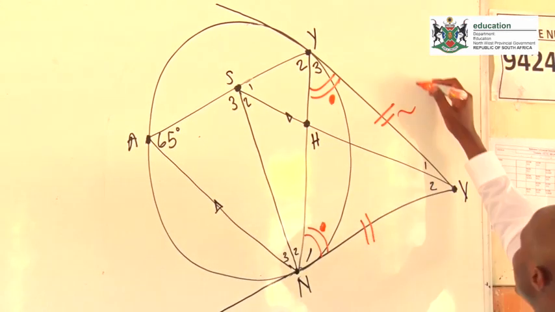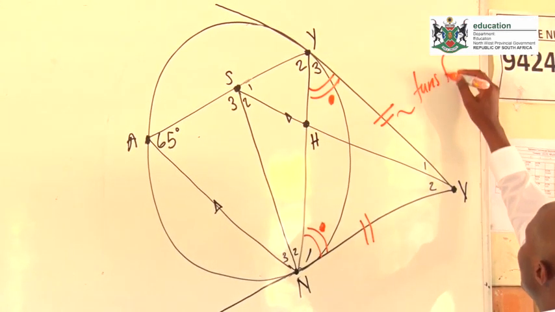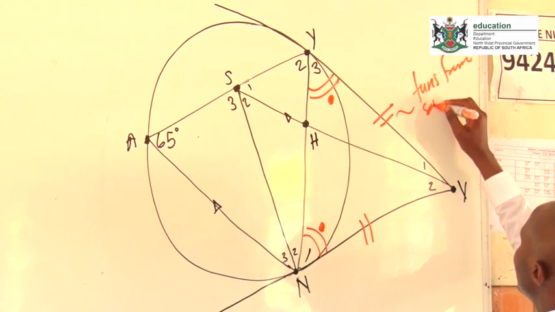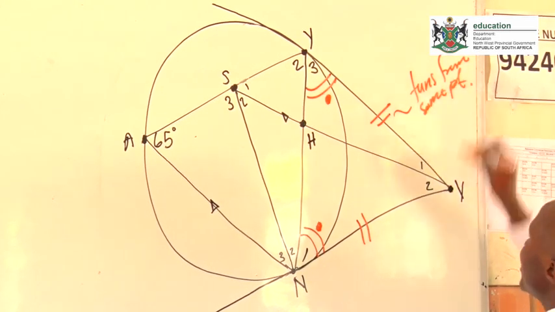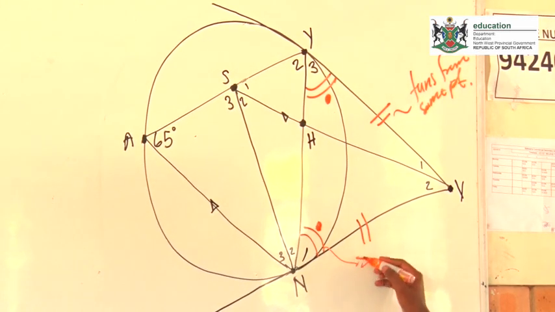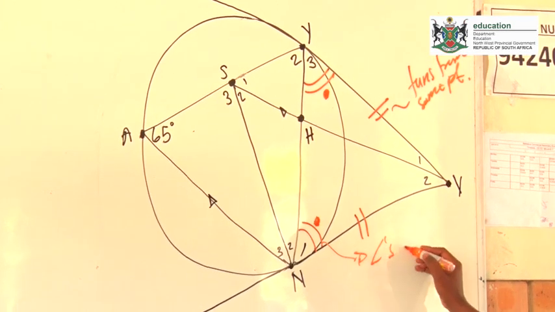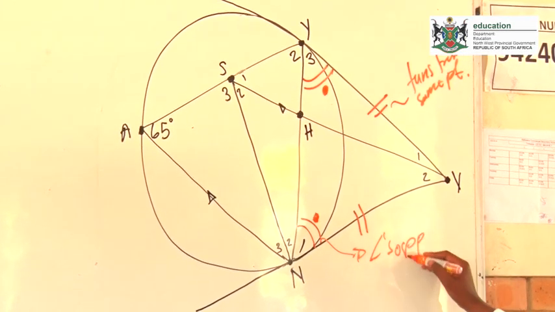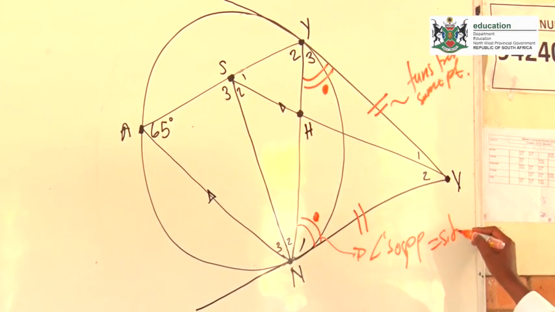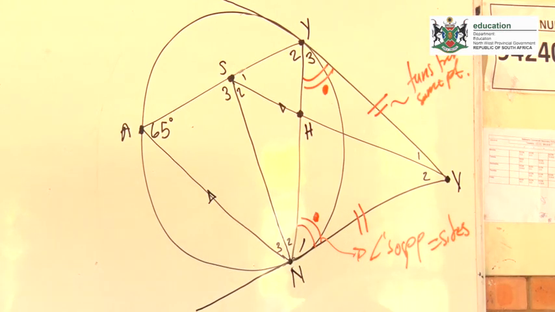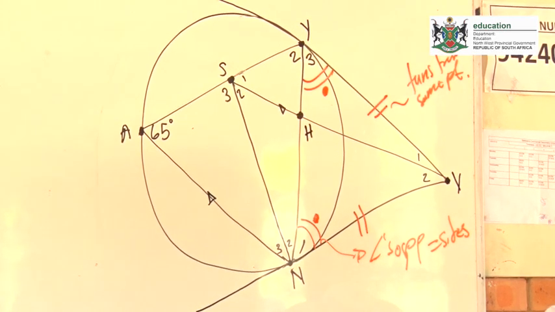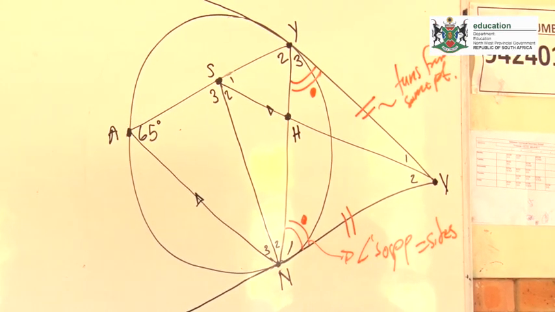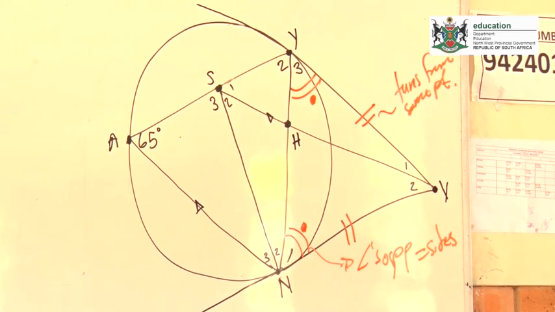Tangents from the same point. So let's say tangents from what? Same point. Do you agree? Yes. Right. Then this one: angles opposite equal sides. Do you agree? Yes. Angles opposite equal sides, no longer base angles of an isosceles. That one to the dustbin. Do you agree? Yes. Right.